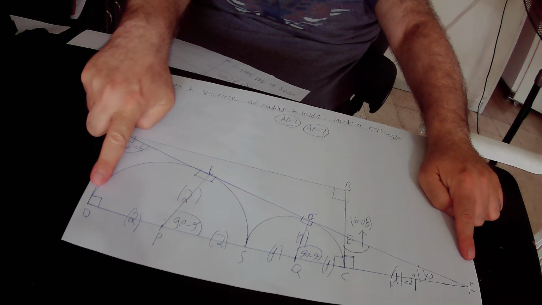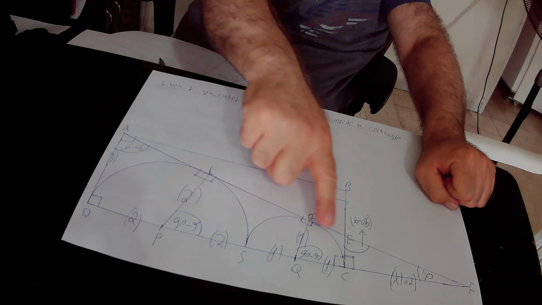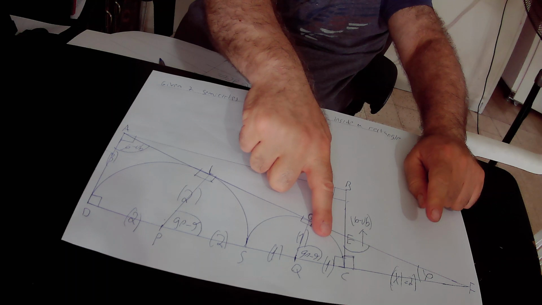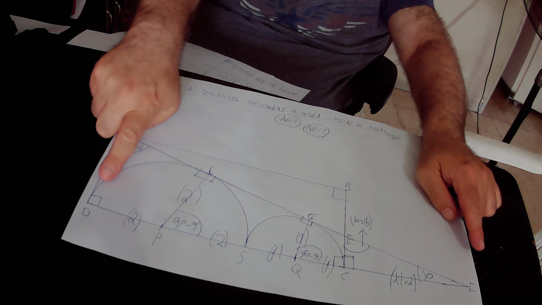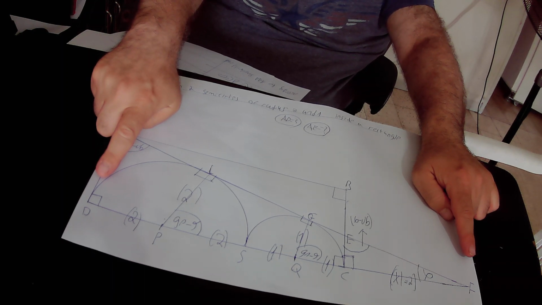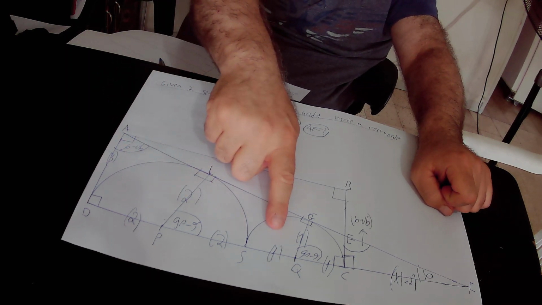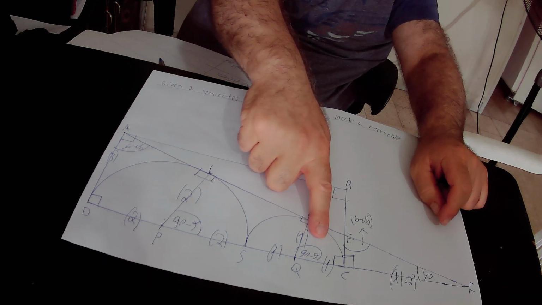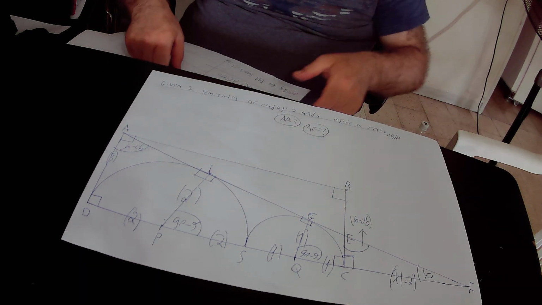DF in total equals 2 plus 2, that is 4, plus 1 plus 1, that is 6, plus 2, that is 8. So total DF equals 8 units in its length.